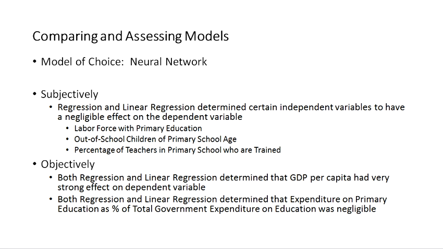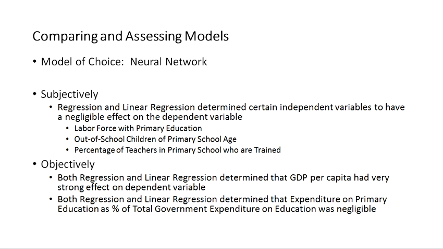So what that means to us is that the factor that determines how much money the government makes, the GDP per capita, which exemplifies how much the government makes, is very strong. However, the factors such as the one given here that show us how much the government spends on education were negligible or very weak.